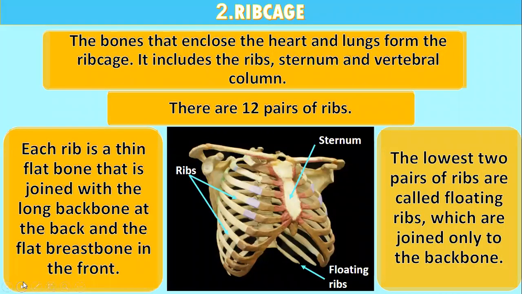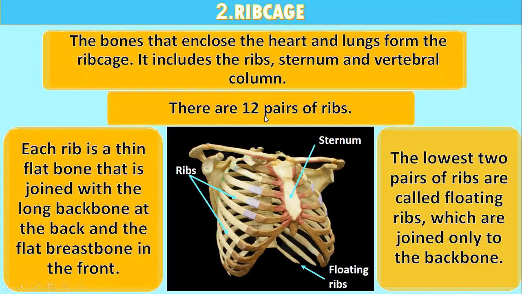Second one, rib cage. The bones that enclose the heart and lungs form the rib cage. It is a cage-like structure, and inside it our heart and lungs are situated. Now, the rib cage includes ribs, sternum, and vertebral column.